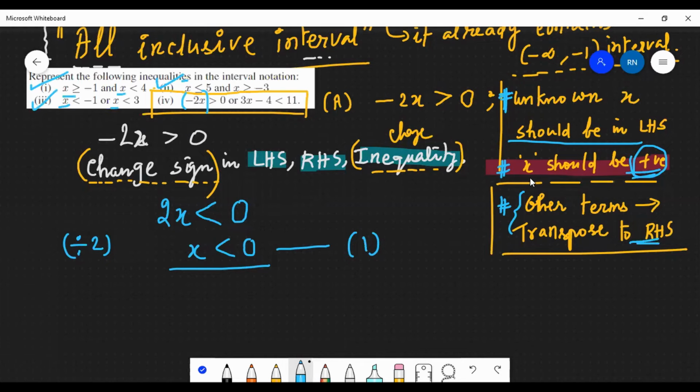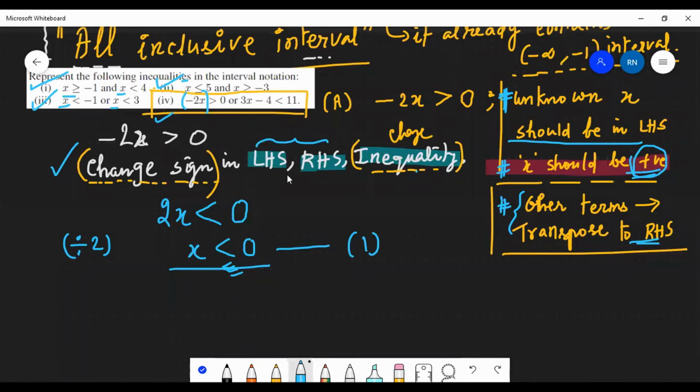So you have to ensure that x is positive, which means if it is not, you have to change sign. What do you mean by changing sign? Negative to be changed to positive in LHS and RHS. Inequality, greater than, you have to change it to less than. That's what we have done. It was earlier greater than, now we have changed it.